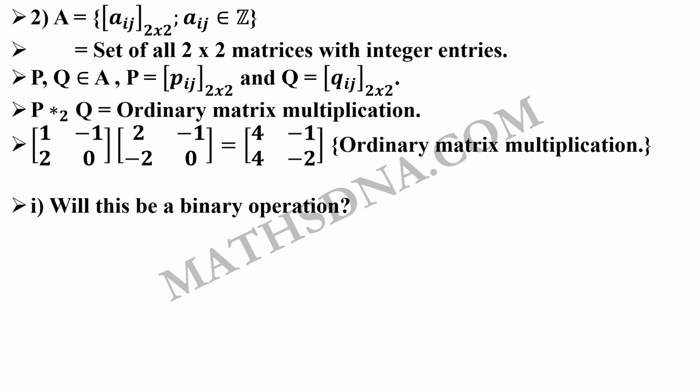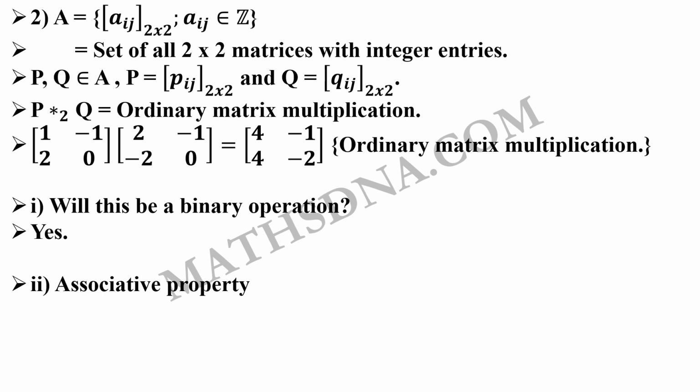See, the operation is ordinary matrix multiplication, but at the end of the day both the entries are integers, and over integers it is closed, so the sums and products will again give integer entries only. Easily you can take any example, or arbitrary P11, P12, P21, P22, and similarly Q11, Q12, Q21, and Q22. So it will be a binary operation.